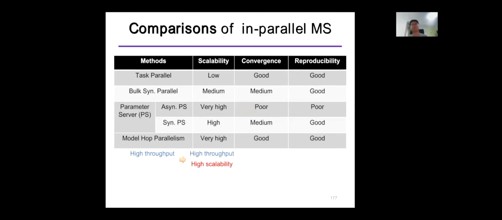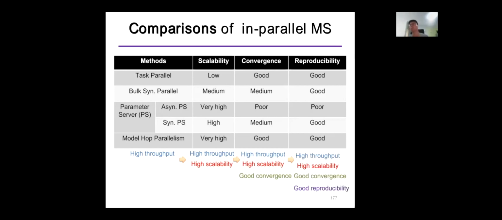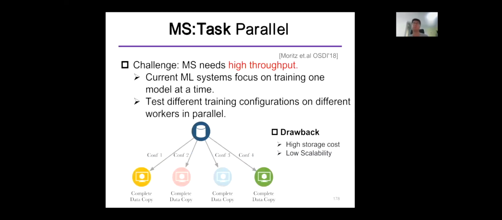Then we care about high scalability, how much data we can handle. Then we want to ensure good convergence, and we want to guarantee good reproducibility. We want the first run of the model selection to give the same result as the second one and the third.